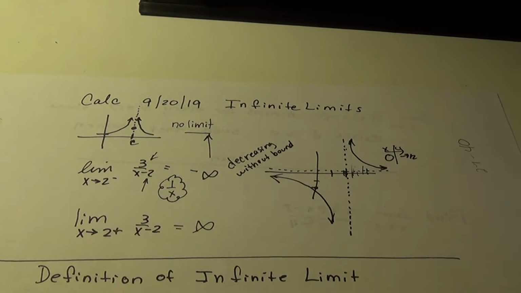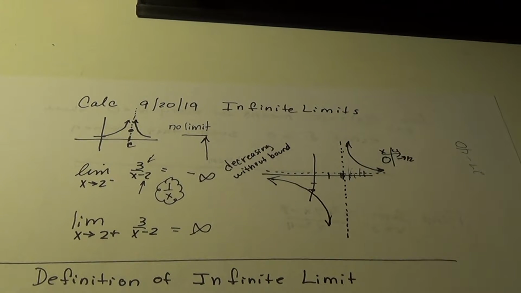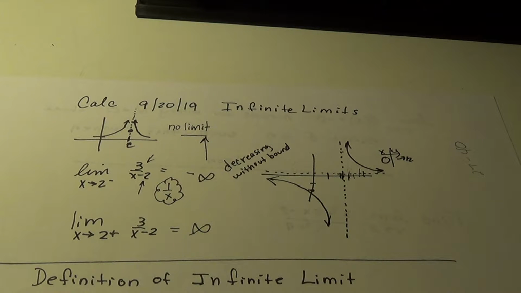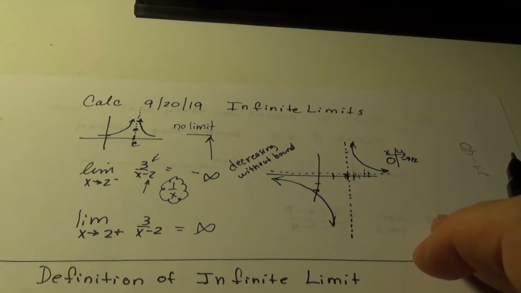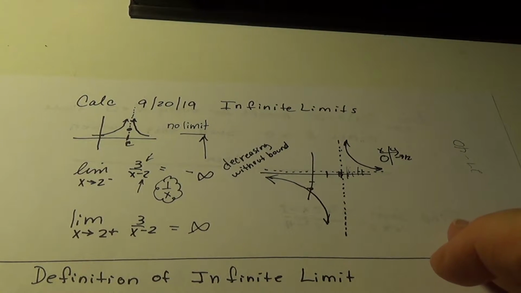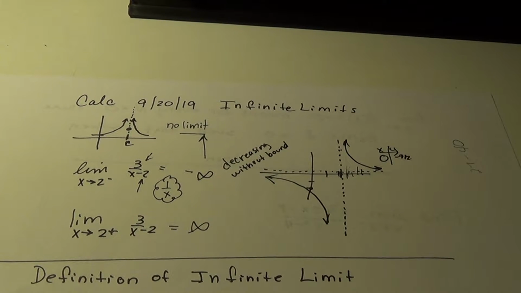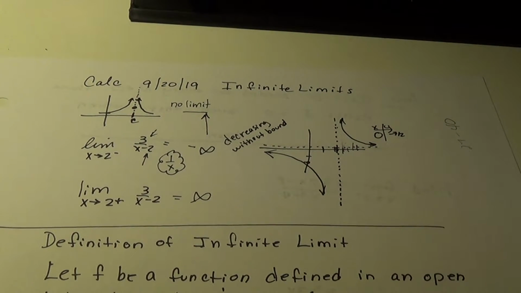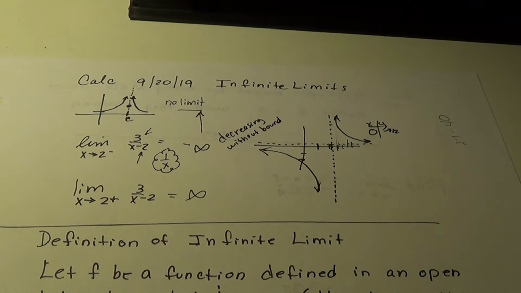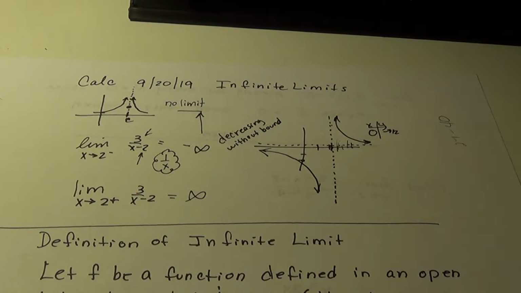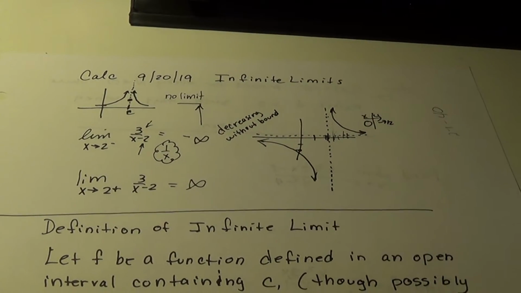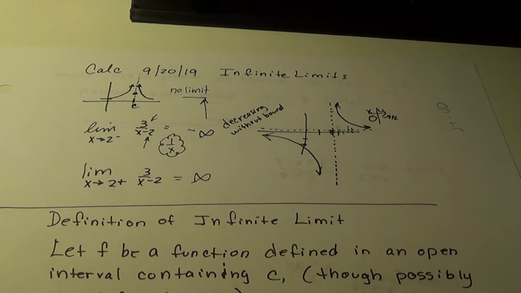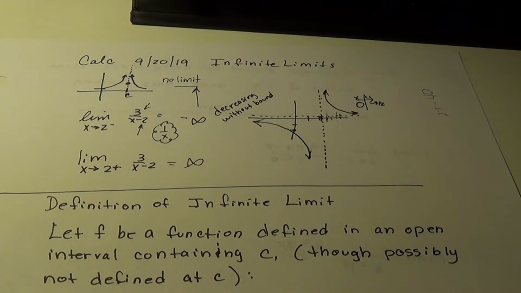Let's rigorously find the definition of infinite limit. This will look familiar. I'm not going to ask us to do delta epsilon proofs, but I do want you to have seen the definition. It won't be too shocking after what you've been through. Let f be a function defined on an open interval containing c, though possibly not defined at c.